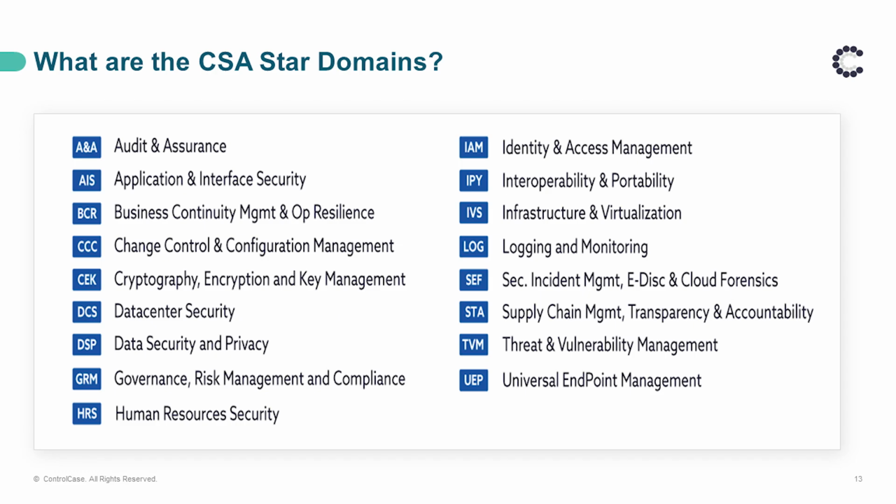I'm not going to spend too much time on the specificity of each one of the domains, but as you can see on the screen, that's the list of the 17 domains of the cloud control matrix.